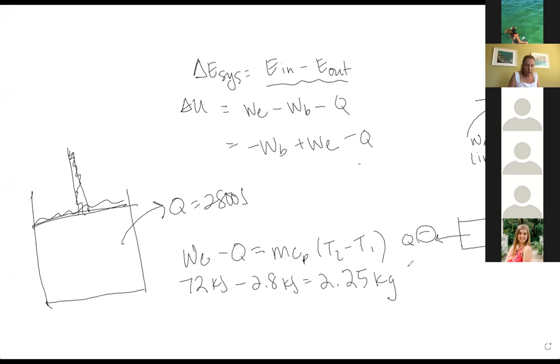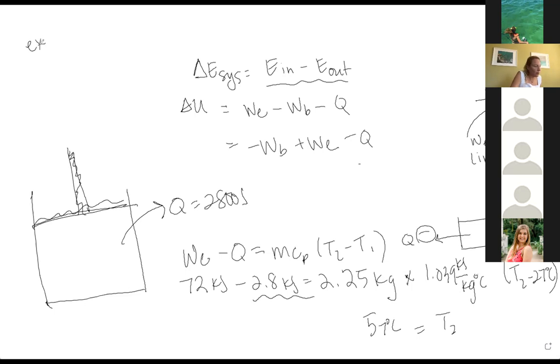Your Cp is 1.039 kilojoules per kilogram Celsius, and then T2 minus 27 degrees Celsius. When you work out your T2, you should get about 57 degrees Celsius using this 2.8 kilojoules. So 2800 joules. This is example 4-9 in your book.